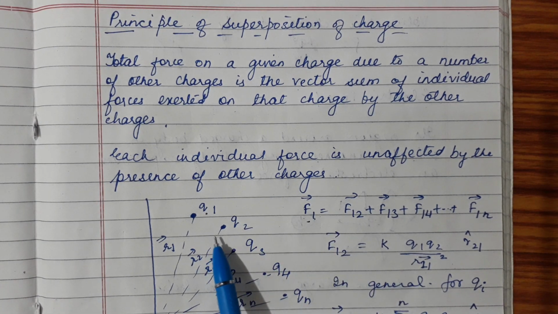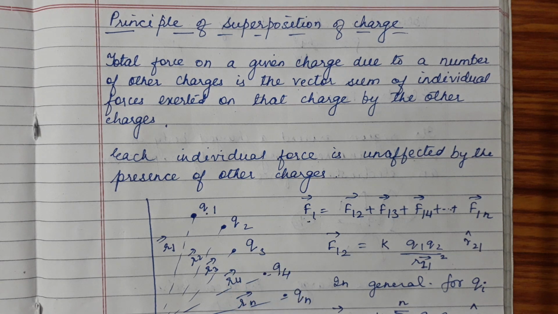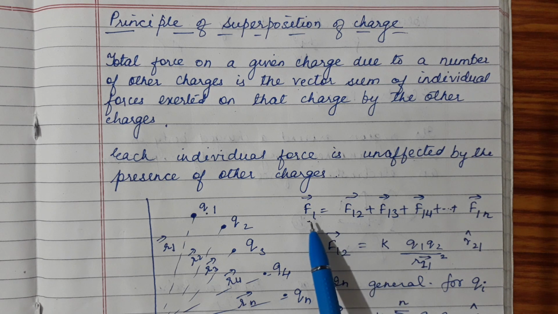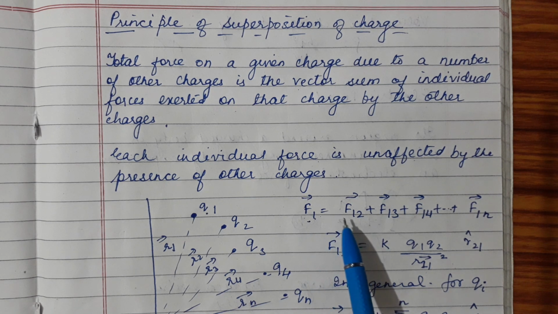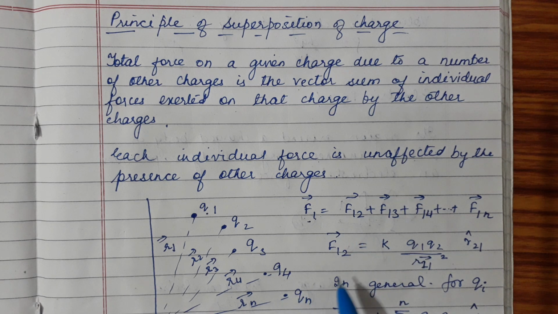Suppose there are other charges Q2, Q3, Q4 up to Qn. This F1 will be the vector sum of all the forces exerted by the individual charges.